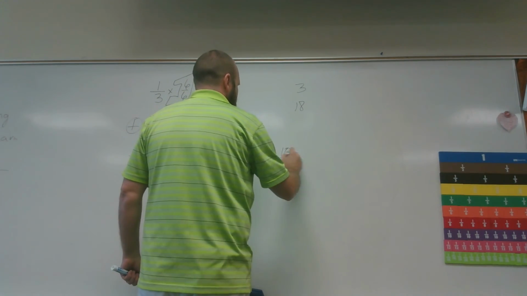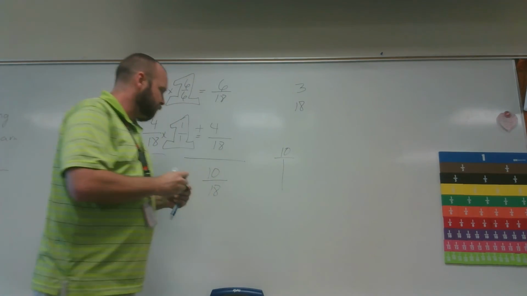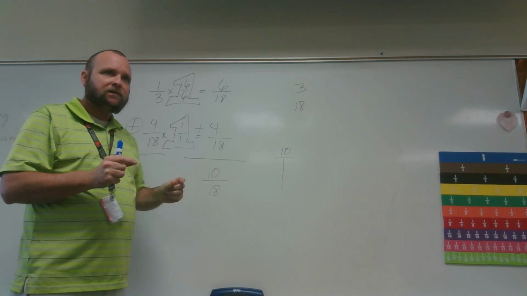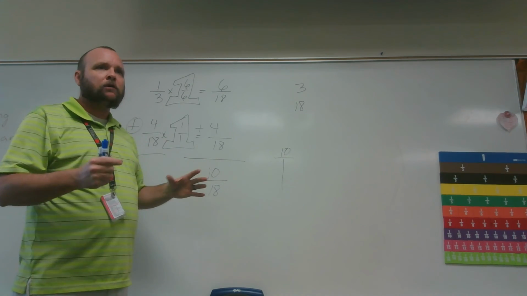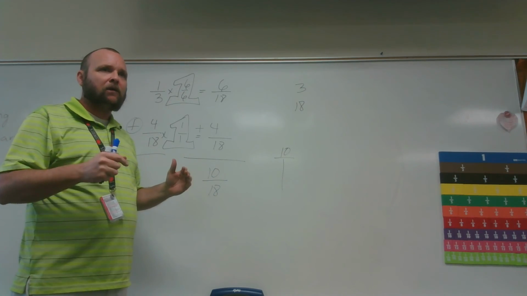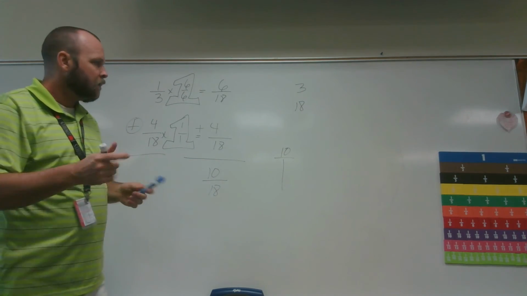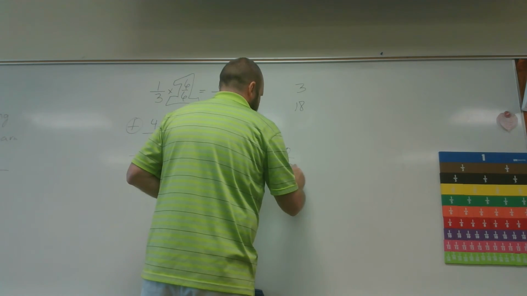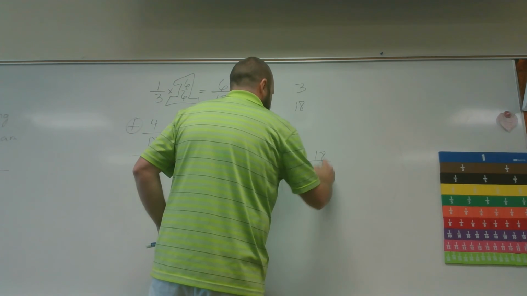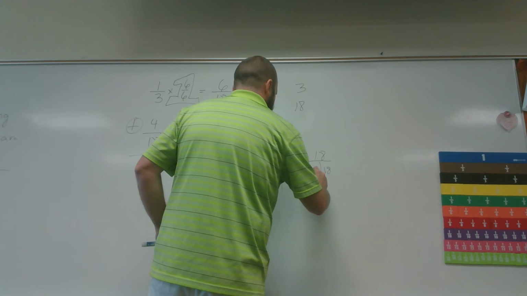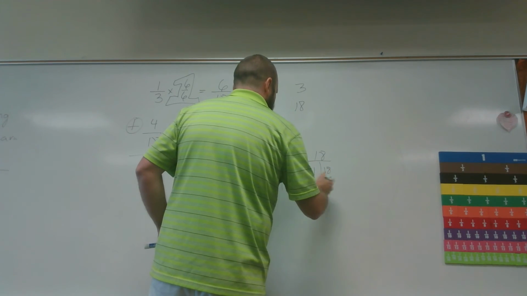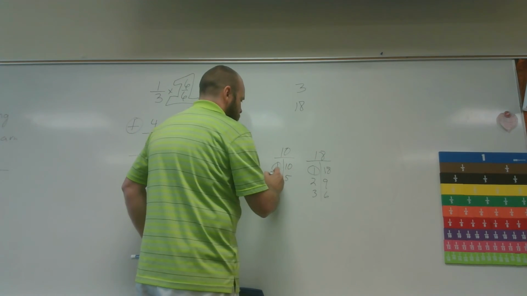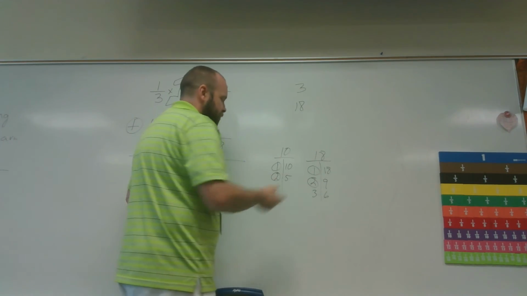What does simplify mean? That means instead of cutting this pizza into 18 tiny slices, we're going to cut it into fewer slices, but we're going to have the same amount. So let's watch. My factors of 10 are 1 times 10, 2 times 5. My factors of 18, 1 times 18, 2 times 9, 3 times 6. They both have a 1, they both have a 2, and that's it.